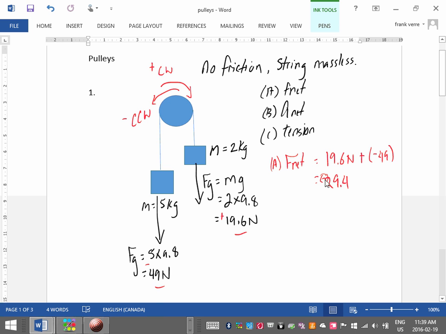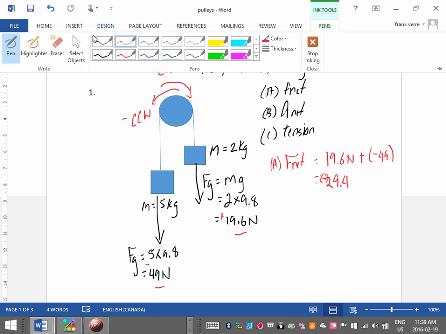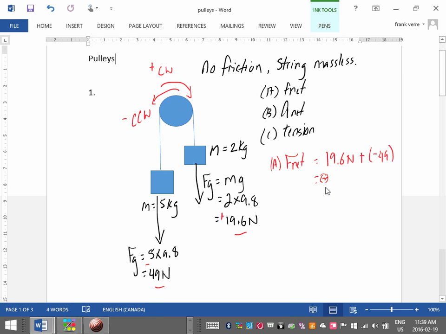So the F net will be negative 29.4 newtons. Again, the negative means what? Which way is this thing rotating? Counterclockwise. So that means that this mass will go down and this mass will go up. Okay? So far so good?